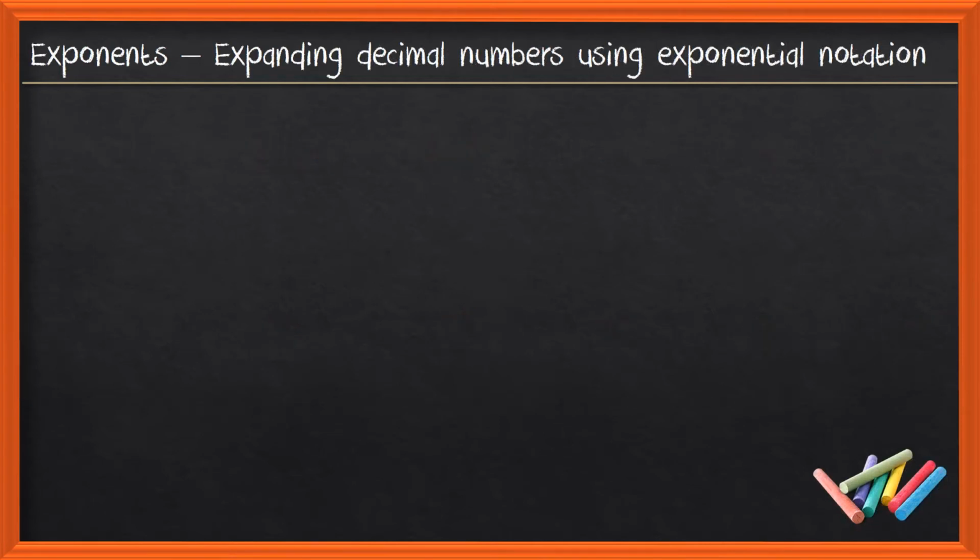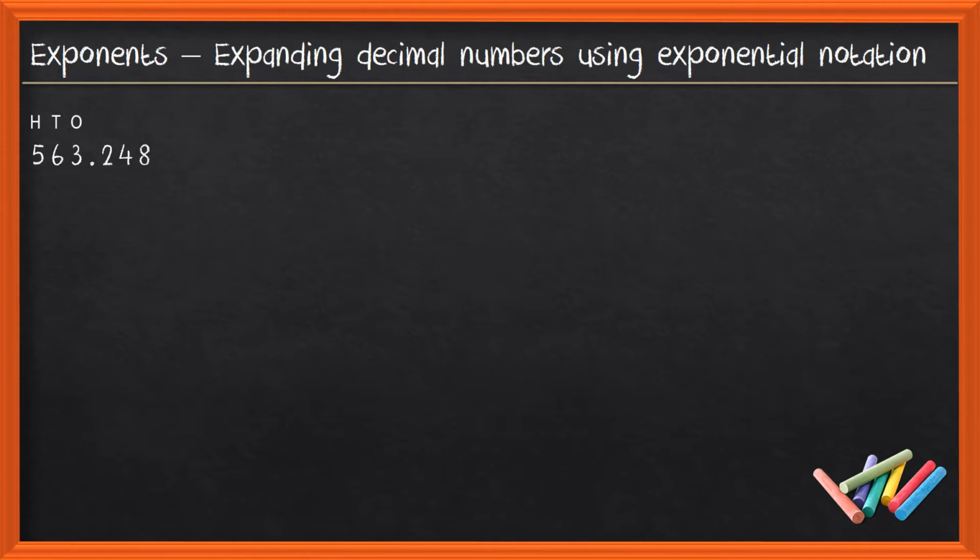Now that we have looked at expanding whole numbers, let's move on to expanding decimal numbers using exponential notation. Let's consider a decimal number 563.248. Here 5 is in the hundreds place, 6 in the tens place, 3 in the ones place.